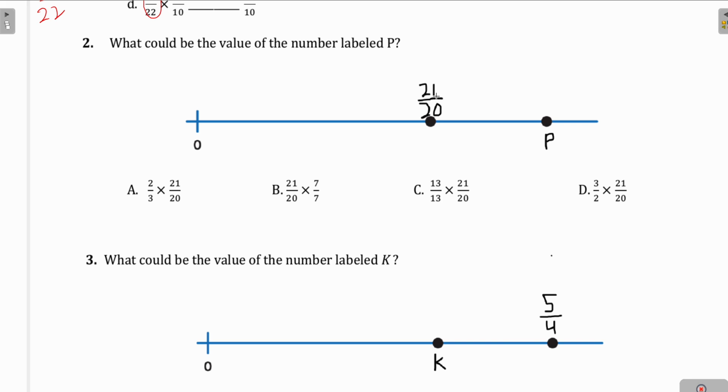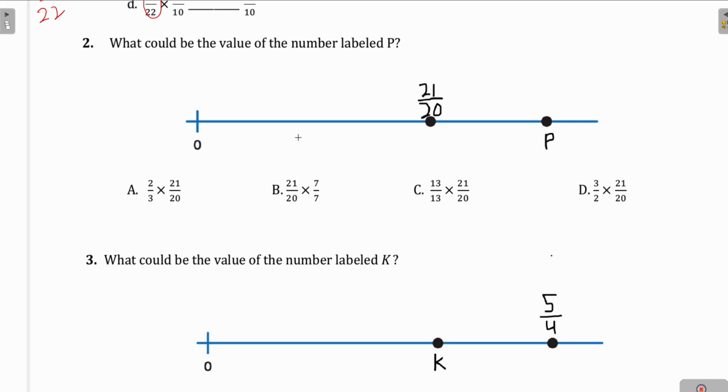This is going to be multiplied by something to give us P. As you can see in the different choices, this is a multiple choice question. 21 out of 20 is going to be multiplied by something in order to be in this new position.